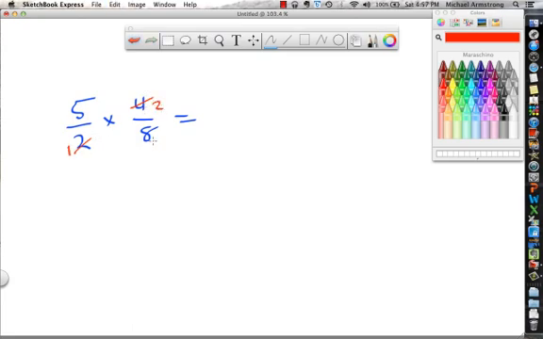Either way, you're going to end up with the same answer, believe it or not. This way you get 5 times 2 is 10, and 1 times 8 is 8. Oh, I see, I should have still simplified the 2 and the 8 down to 1 and 4. Yeah, there's different ways to do that, and if you do it that way, you'll still get there.